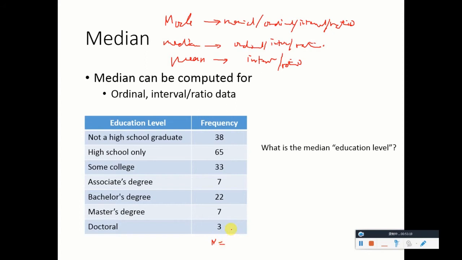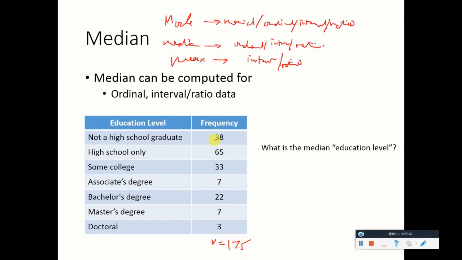So we have 38 plus 65 plus 33 plus 7 plus 22 plus 7 plus 3. We have exactly 175 people.